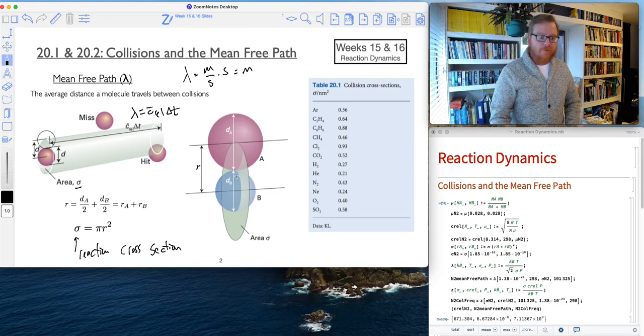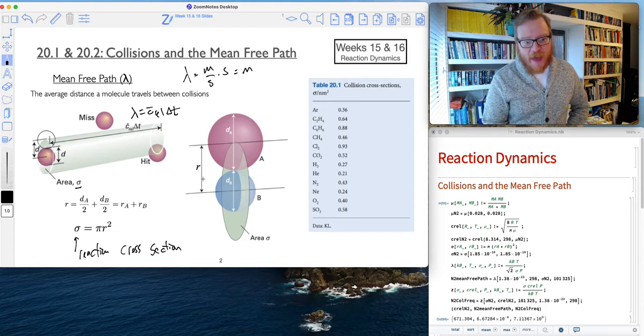That distance is the radius of our cross-section. It's a circle, so I'll note that R and that R are the same, and we know the area of that circle is pi r squared. That radius is going to be the diameter of A divided by 2 plus the diameter of B divided by 2, right?